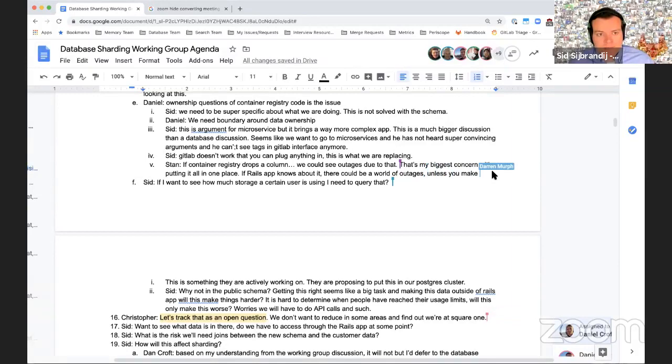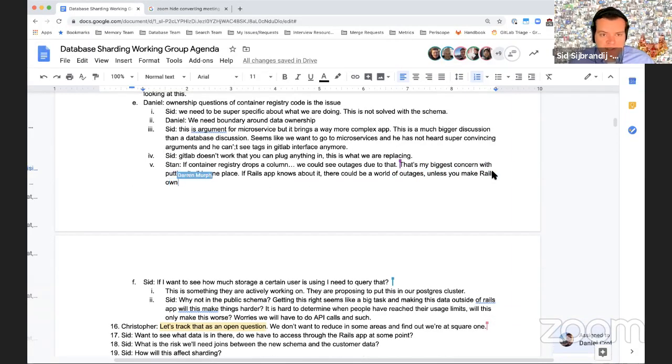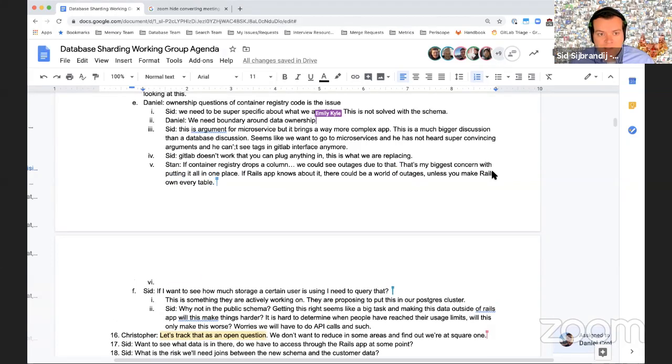Cool. Let's dive into that in the next call, and build on what we've seen so far. I think Rails should own this table, but I'm not sure. If the container registry has a migration every month that we now have to rewrite or something, that is a problem.